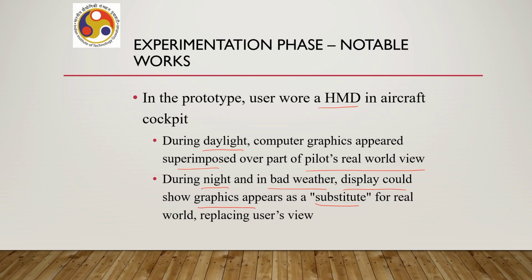So, when things are clearly visible, then the pilot could see the real world with augmentation of the view with digital content, whereas when things were not clearly visible, pilot could see virtual things, that is computer generated imagery. That was the overall thing that was there as part of the prototype.